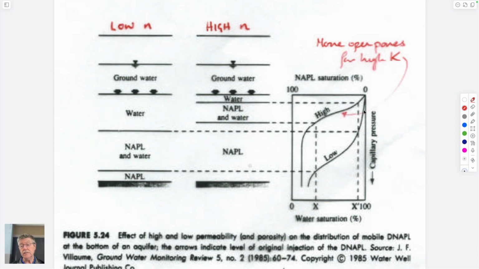If you have a low porosity system, and I guess small diameter pores, then it takes a larger entry pressure to break into the system. And once you break into that system, you have to progressively add more and more capillary pressure to be able to invade the porous medium with the DNAPL.